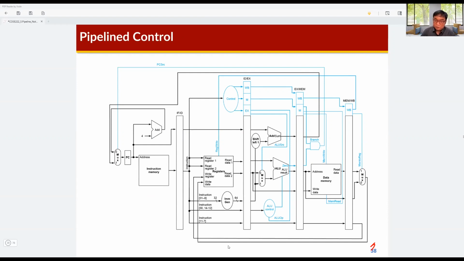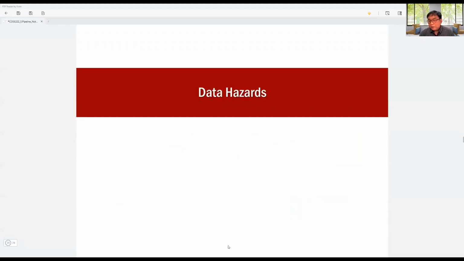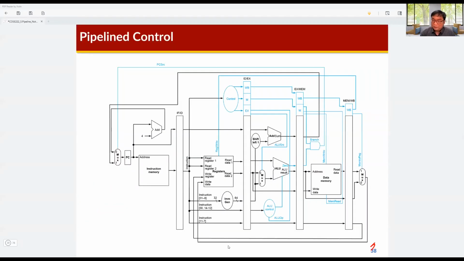As you can see, the control unit is here, and control signals are also propagated via pipeline registers. And you can see which control signals are consumed at which pipeline stages. Actually, the timing is very important. Many students struggle to understand when the signals are required and how the signals are propagated via pipeline registers.